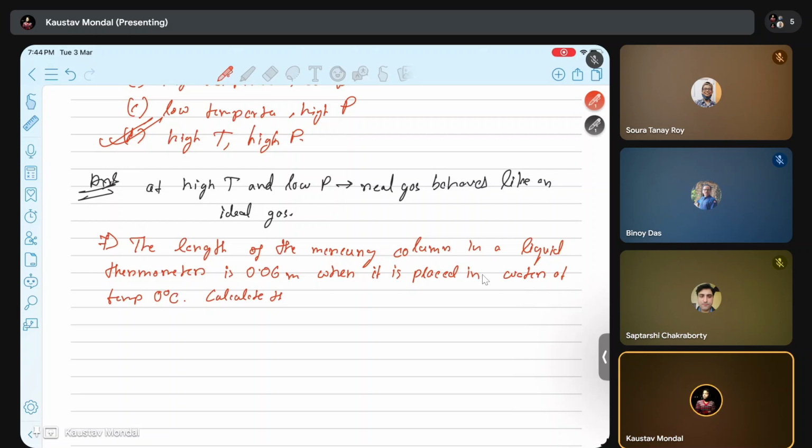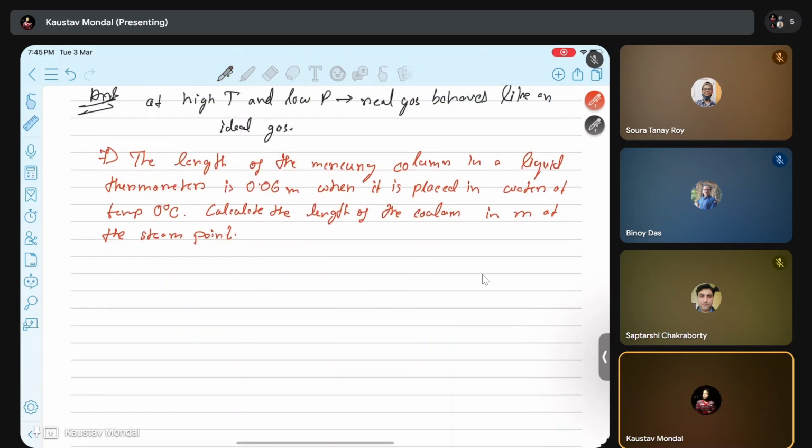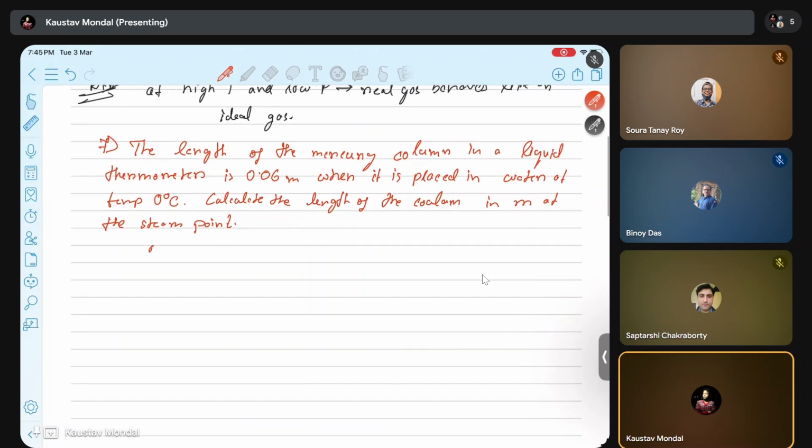Calculate the length of the column in meter at the steam point. Okay, so the options are option A, 0.082; option B is 0.059; option C is 0.120; and option D is 0.694.